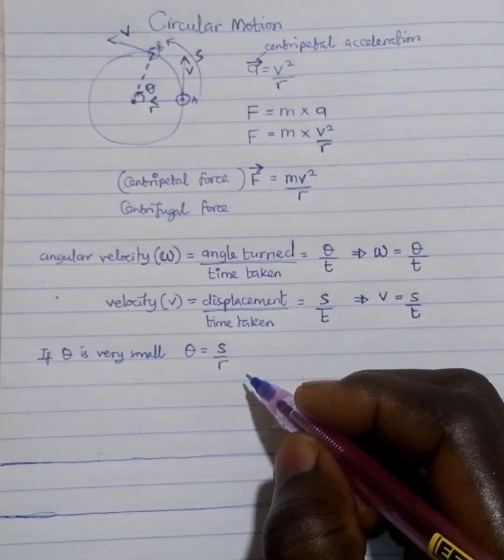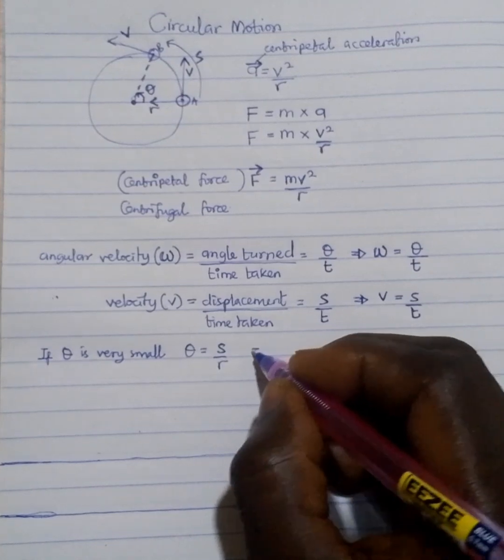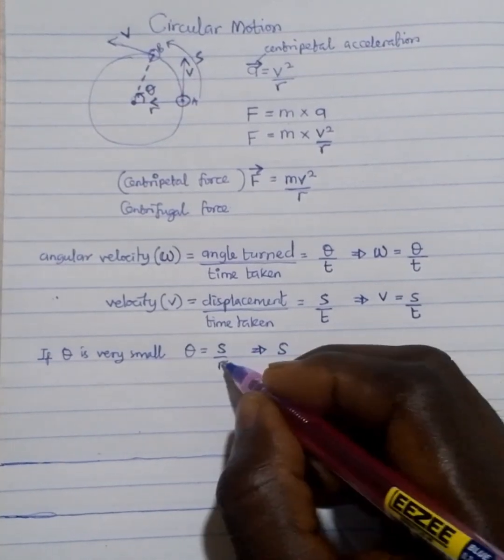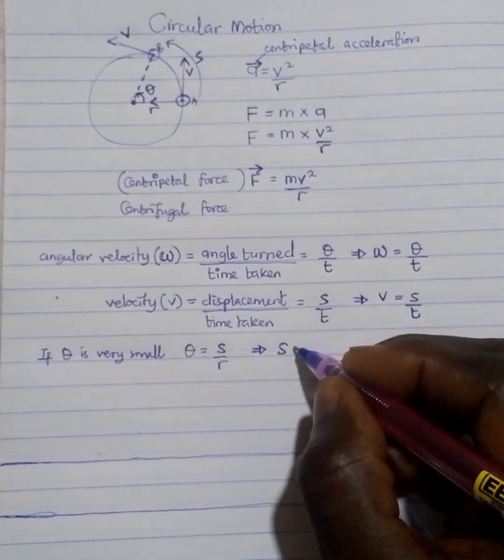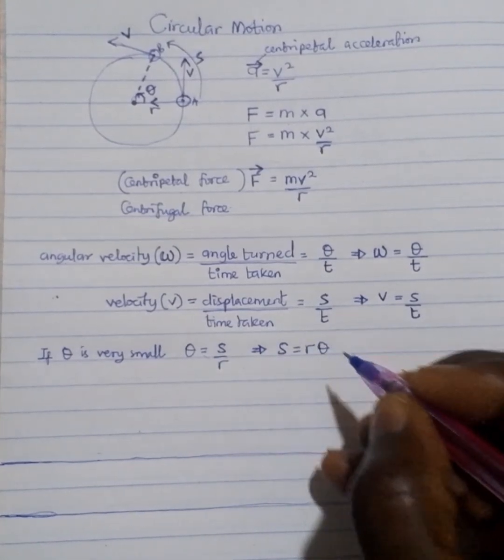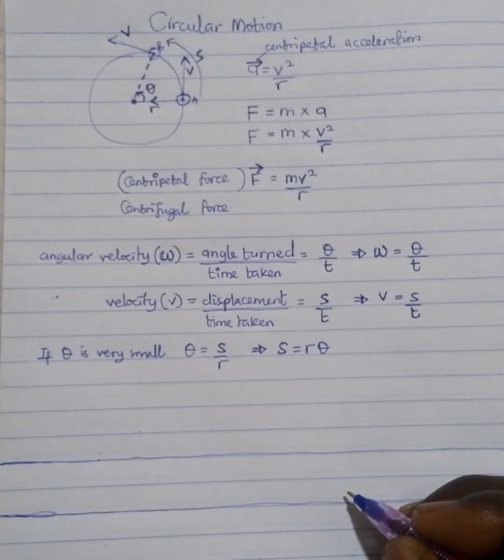From here, if I cross multiply, s is equal to r theta.